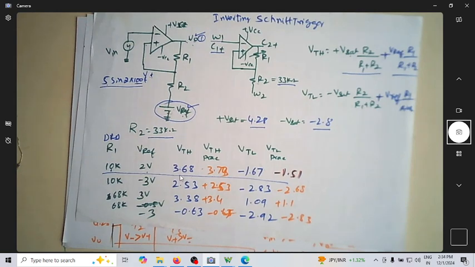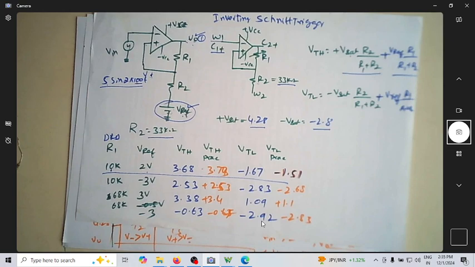Assume that here it is 3.68 volt and here it is minus 1.5, the input voltage should be more than 3.68. Maybe in the last case, if it is minus 0.36 and minus 2.92, the input voltage should be greater than 2.92 in magnitude. So always the input voltage should be greater than the greatest amplitude of VTH and VTL.